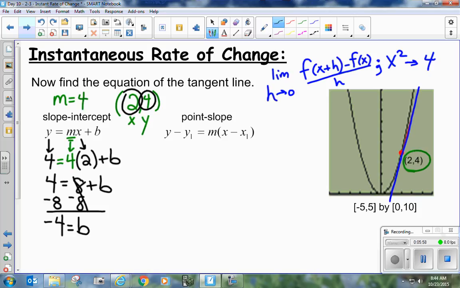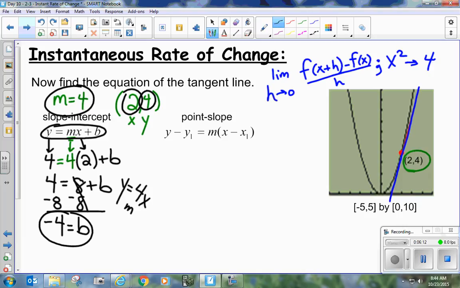Now I have my m and my b, so I plug them into my equation. I get y equals 4, which is my m, x, and my b is negative 4. So the equation of that line is y equals 4x minus 4.